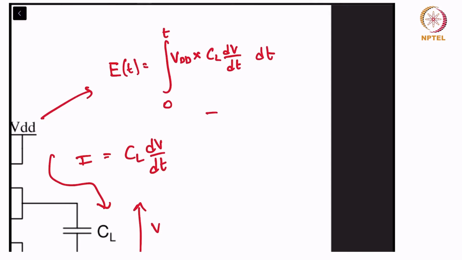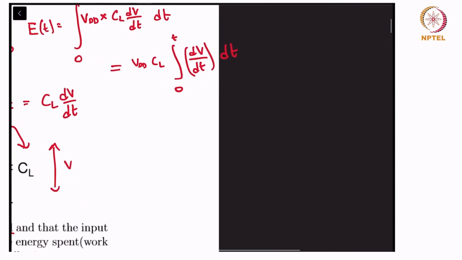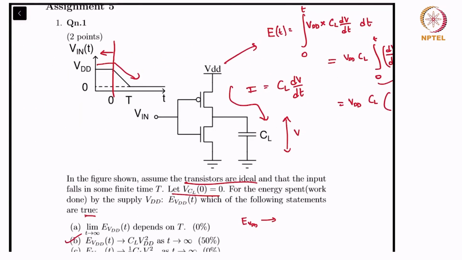Now let's actually perform this integral. You can bring the constant terms VDD and CL outside. This is the integral from 0 to t of dV by dt with respect to t dt. By the fundamental theorem of calculus, this is VDD times CL times V of t minus V of 0, and the question says that the capacitor voltage is 0 at t equal to 0.